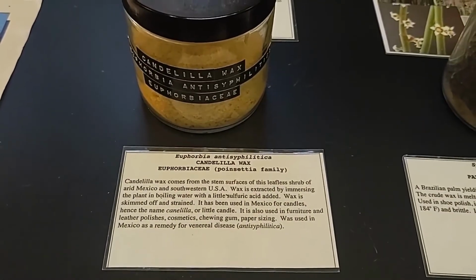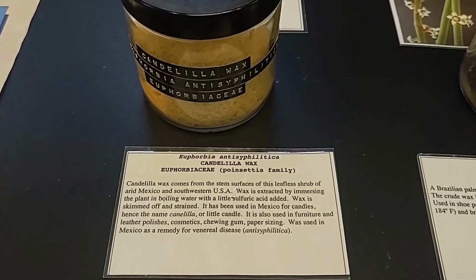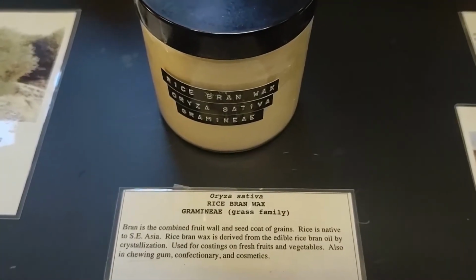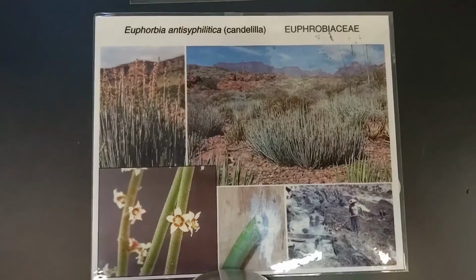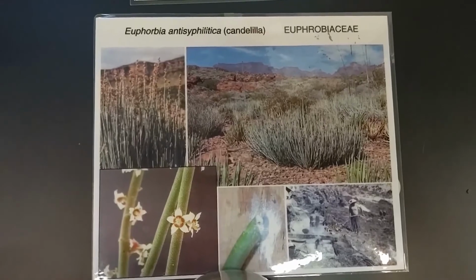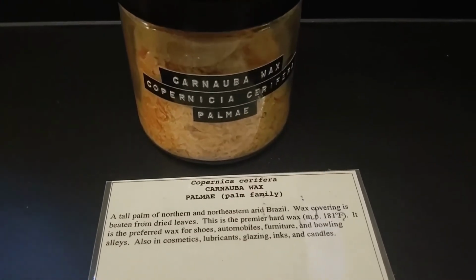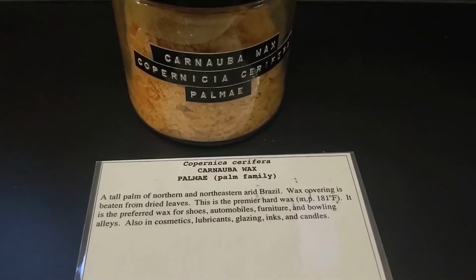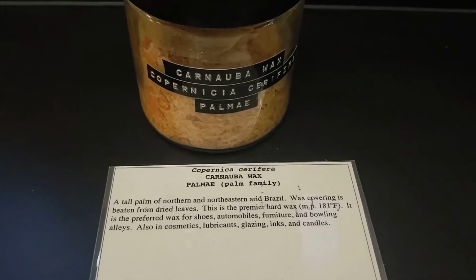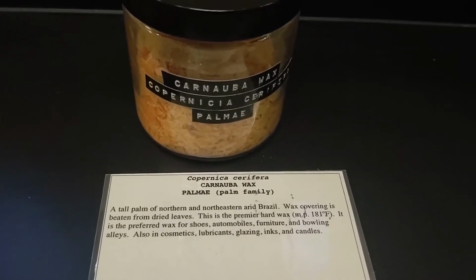We have another Euphorbiaceae member here, Candelilla wax. Here we have rice bran wax. And here is an image of that plant that produces Candelilla wax. A very common additive used today is Carnauba wax. You can likely find this in many things you buy out of the vending machine, or it can be used as a supplement in some cases for other things.